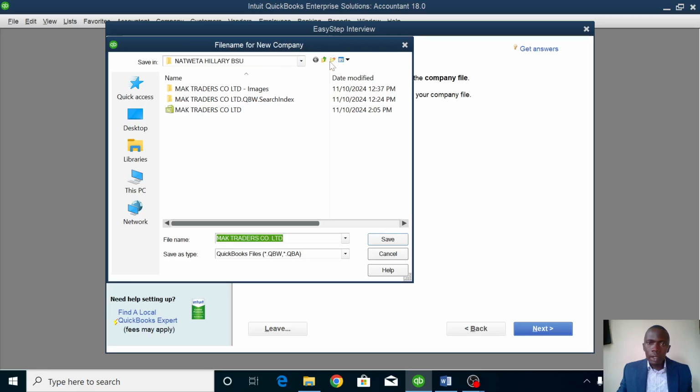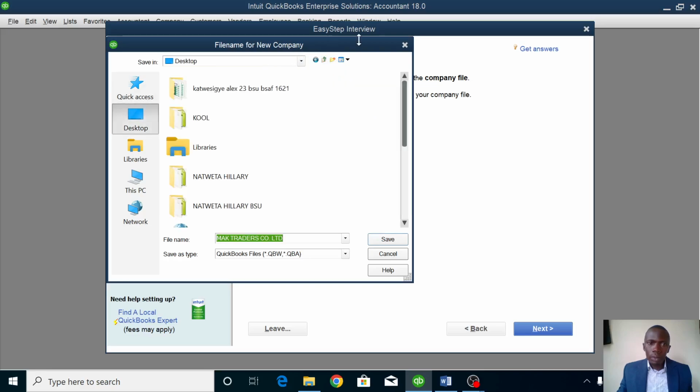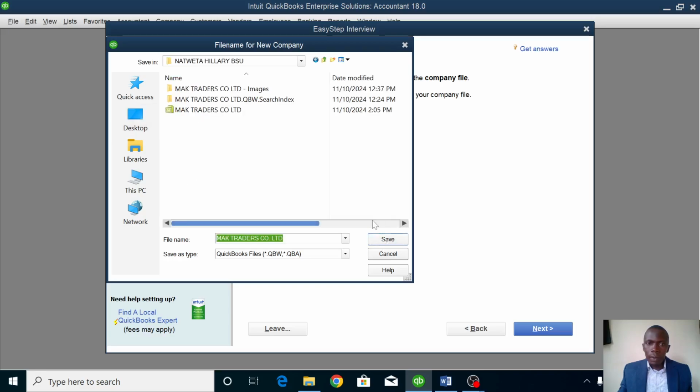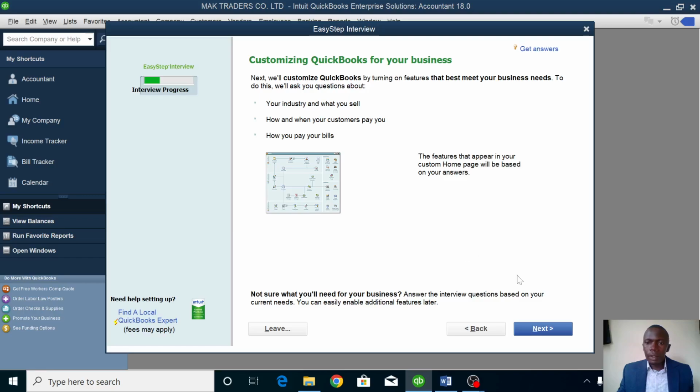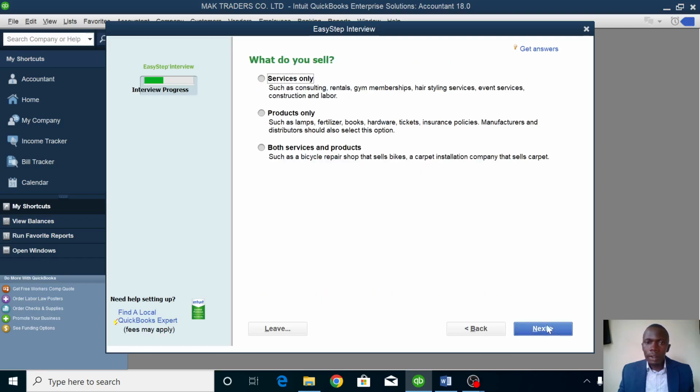our folder on the desktop. I already have it, which is Natweta here, BSU. I open, I save, and wait for it to load. It has loaded. Say next. Both services and goods.